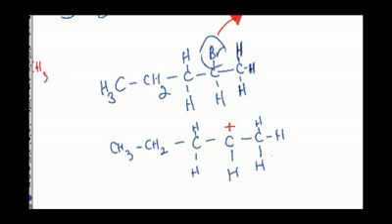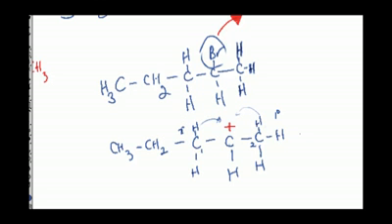So here what we're going to have is a secondary carbocation because it's attached to 2 different carbons, which is pretty stable. Shifting this hydrogen over there would create a primary carbocation, which is not stable. And shifting this hydrogen over here would create a secondary, which is no more stable than what we have already.